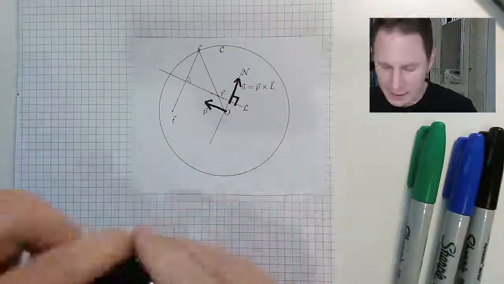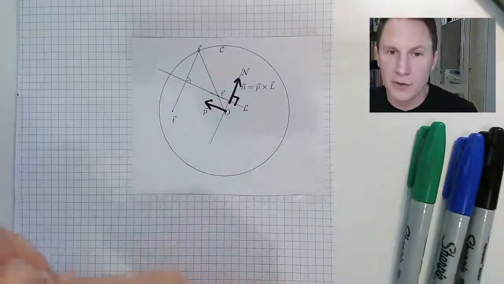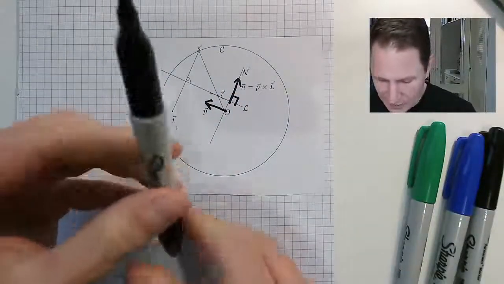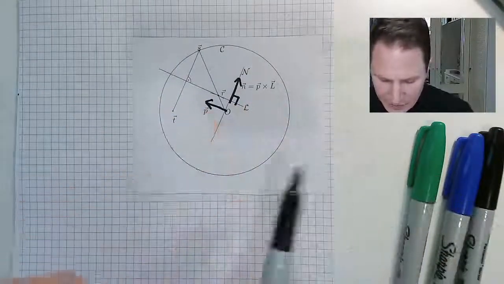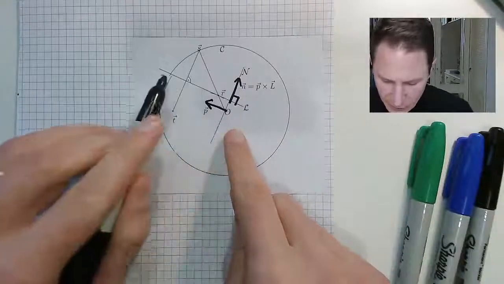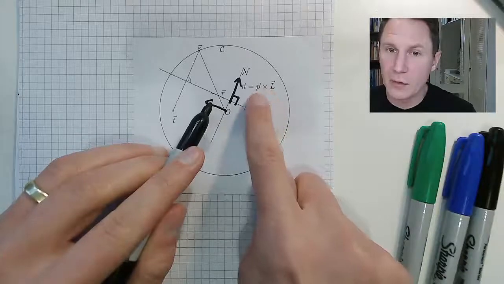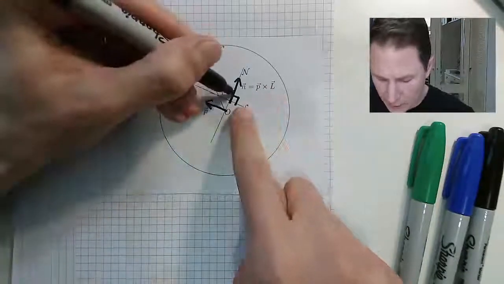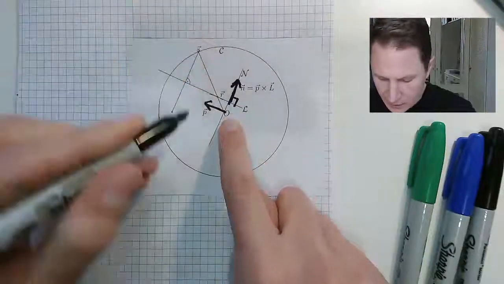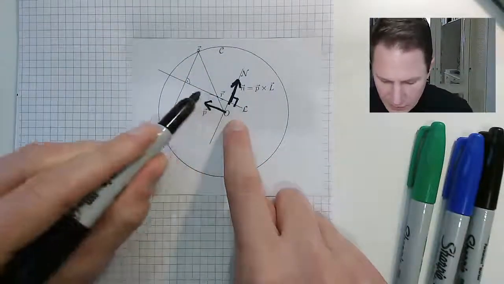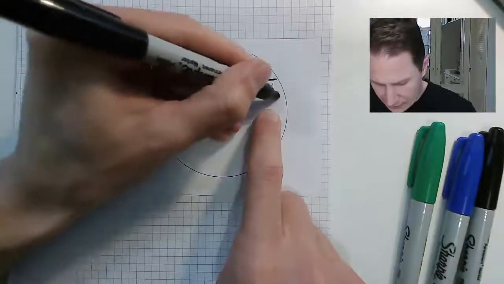So L is pointing right at you, perpendicular to your screen, and P is pointing along the tangent of the orbit. If you take the vector product of these two vectors, you end up with a vector that is again in the plane of the motion and perpendicular to the tangent line. So that's our vector little n.